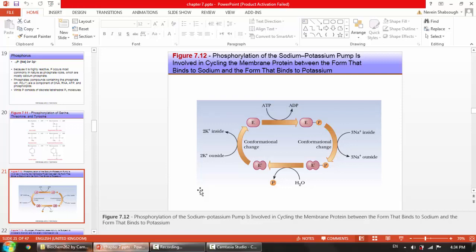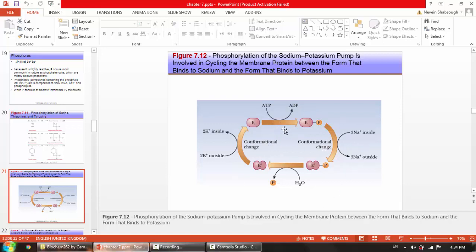the pump itself, as you can see here, ATP donates a phosphate group to an aspartate residue 369 as part of the mechanism, and this causes a conformational change in the enzyme.